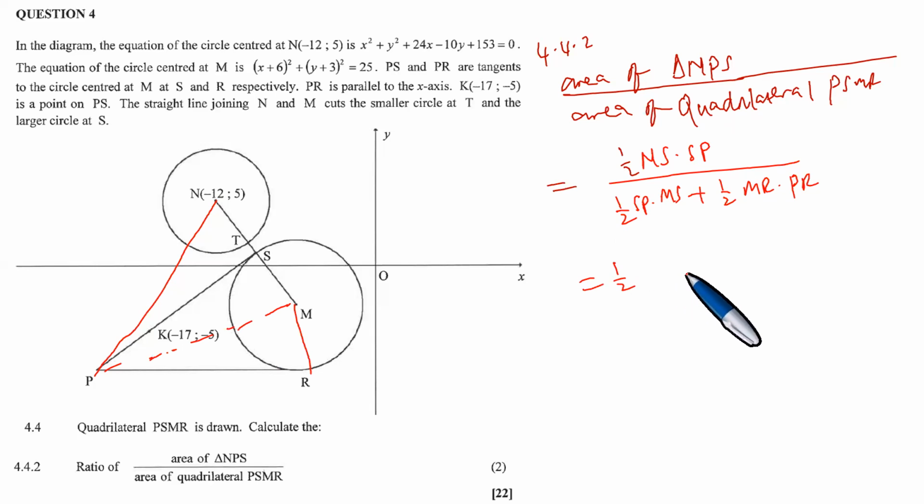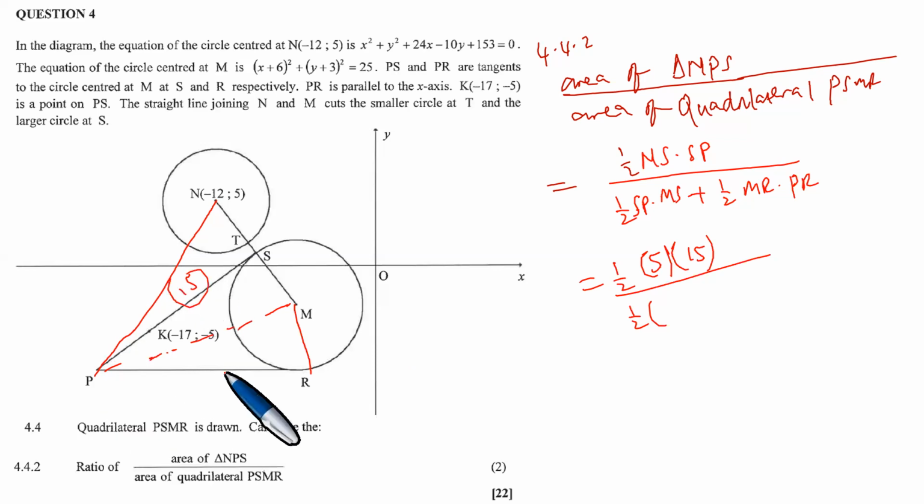What is NS? It's 5. What is SP? It's 15. SP is the 15 we got.